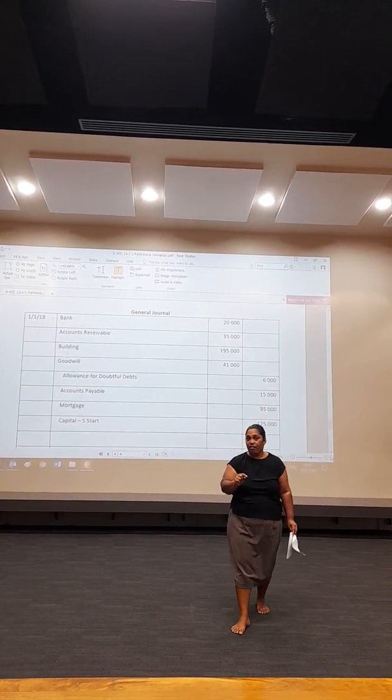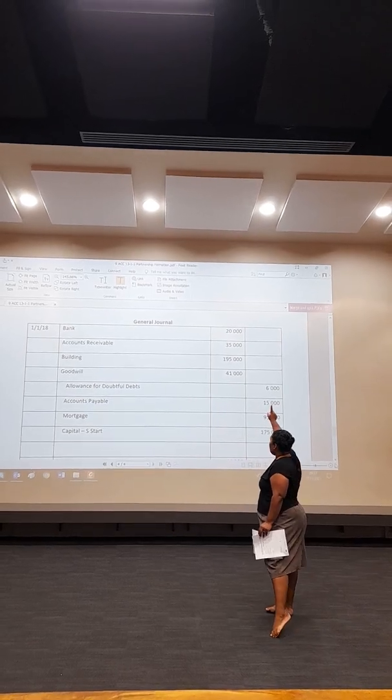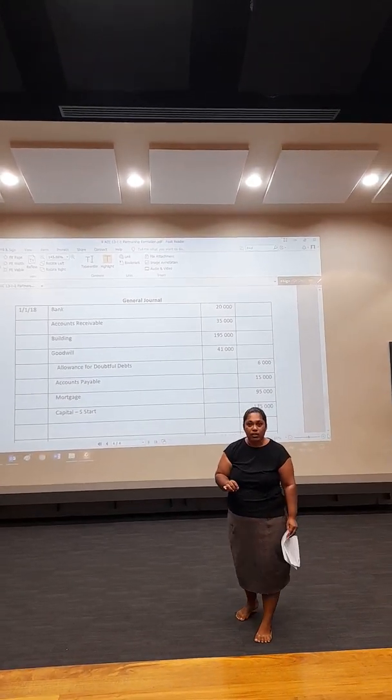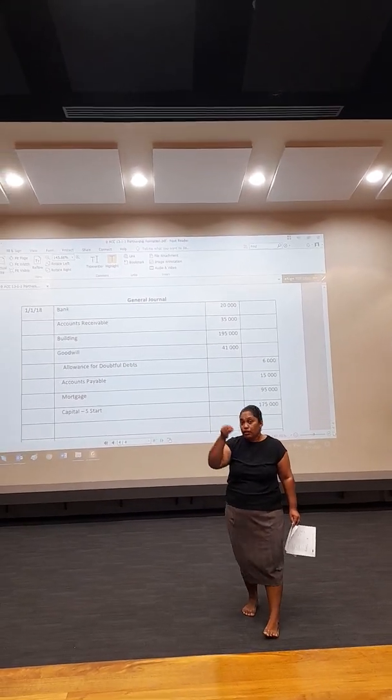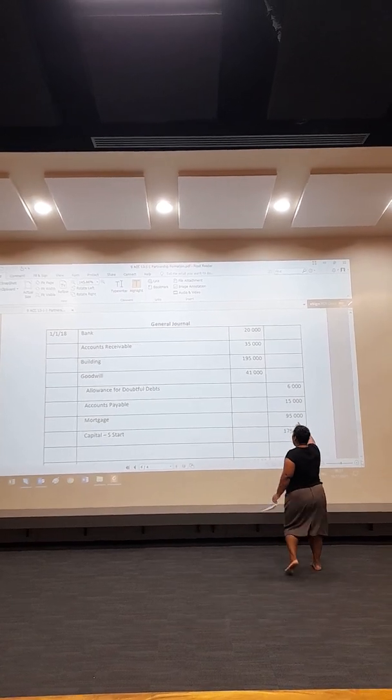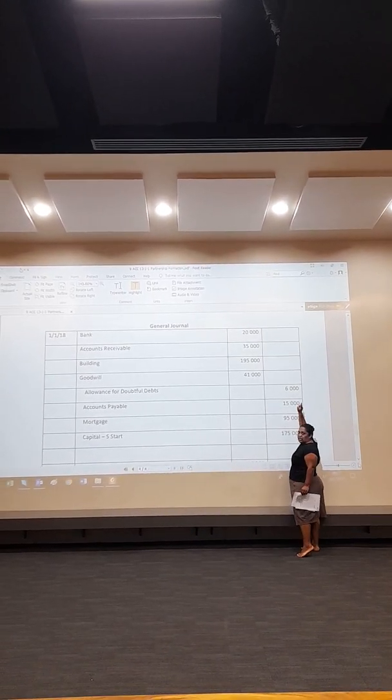If you have put in accounts receivable $29,000, that will be marked wrong. The way that we reduce accounts receivable is through the allowance for doubtful debts.